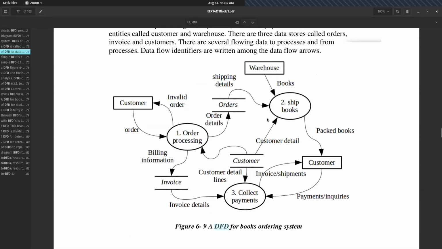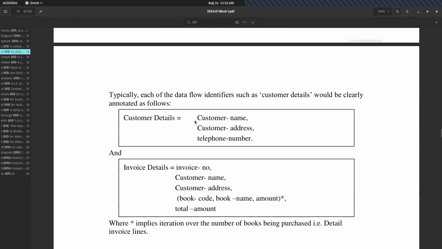Now here customer details are here. Customer details include customer name, customer address, telephone number, like this.